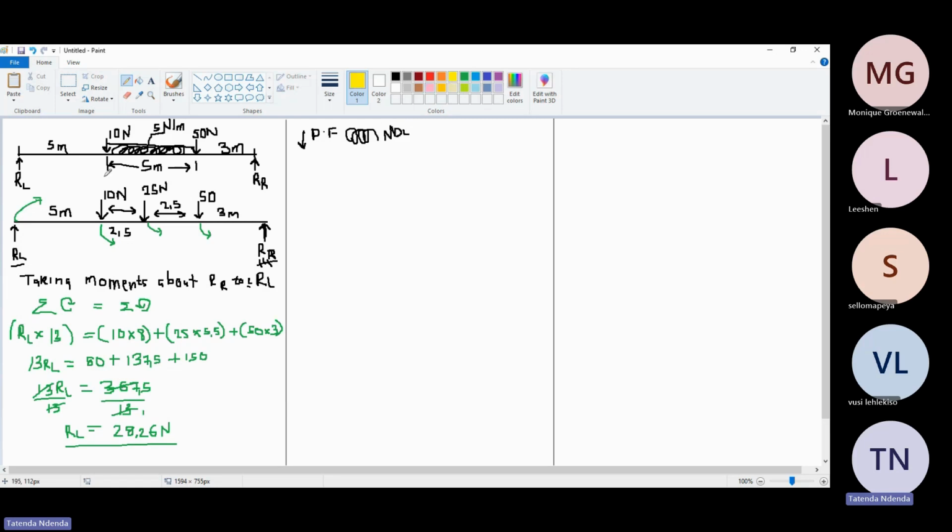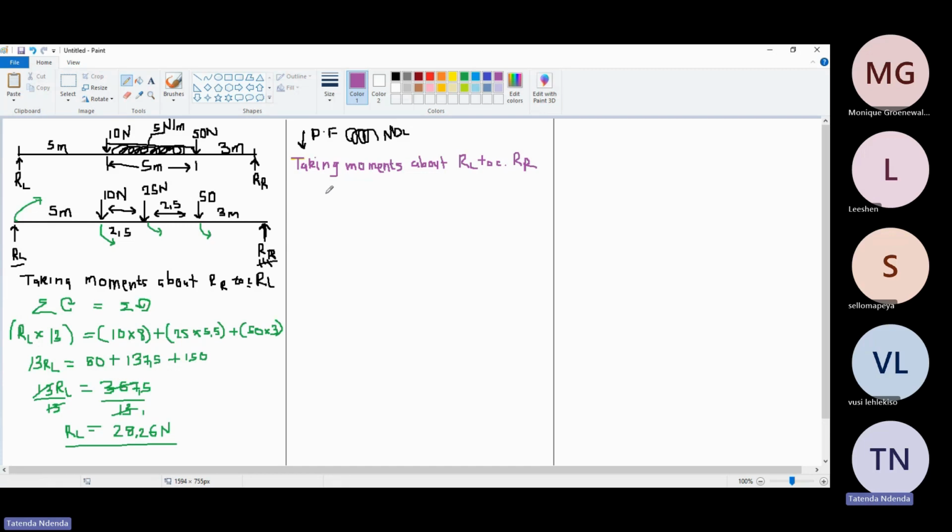Now, after this, we have to do the other reaction. So now we are taking moments about RL to calculate RR.